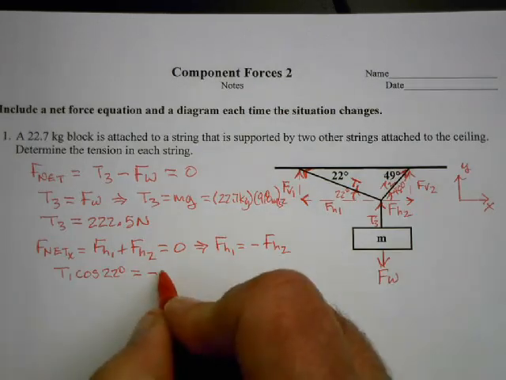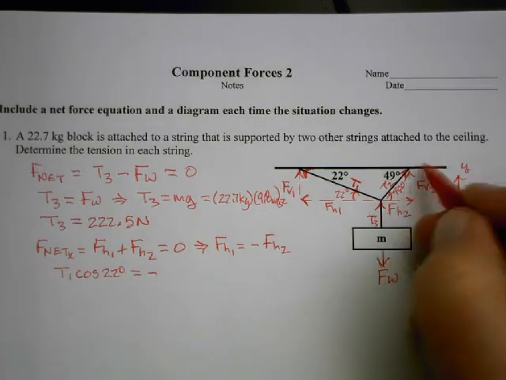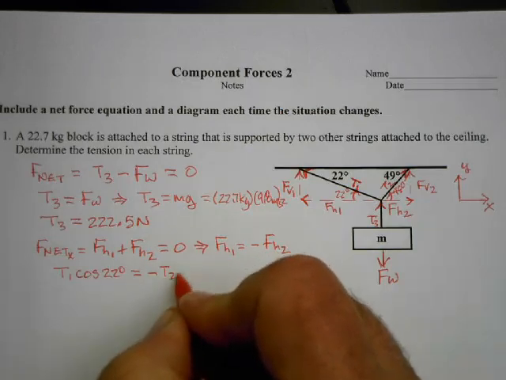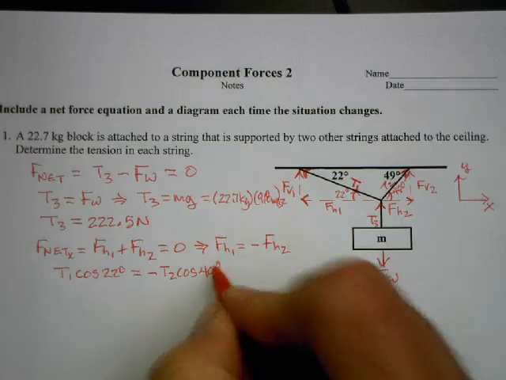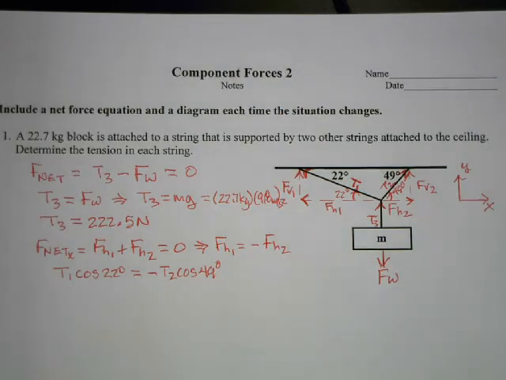T2, or FH2, will be T2 times the cosine of 49 degrees. But I don't know T1 or T2. That's part of the problem, figuring out what T1 and T2 are. So I need some more information.